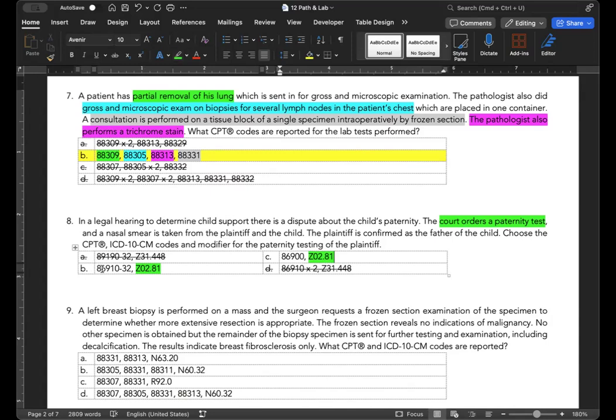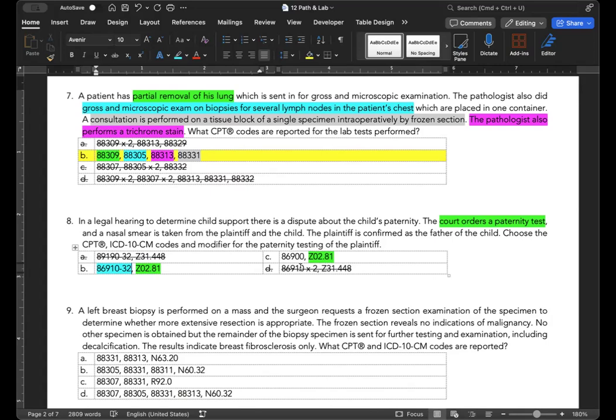So if you run into a scenario like this on the exam, we know that 86900 is only telling us ABO. It's not telling us whether there are markers saying that they are genetically linked.